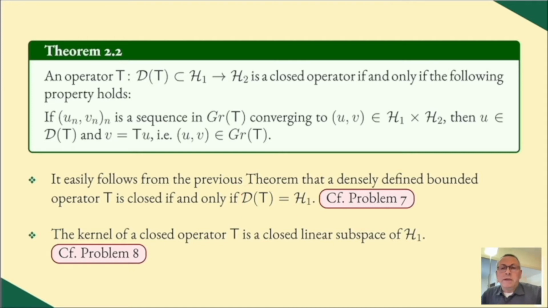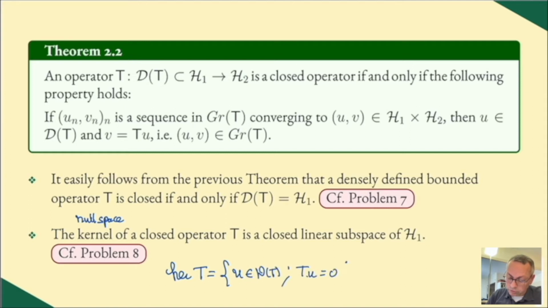You probably know that the kernel, or maybe some of you call it the null space, namely the kernel of T, is simply the set of elements in the domain of T such that Tu is equal to 0. In the case where T is bounded, you probably know that its kernel is a closed linear subspace, right?